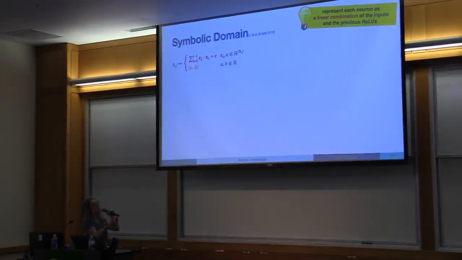But the idea is basically, for each neuron in the model, we maintain a pair of values, A and B, plus some linear combination of the input and also the previous undetermined values. I'll show you what it means. But essentially, we have a symbolic expression that represents the possible values of this neuron.